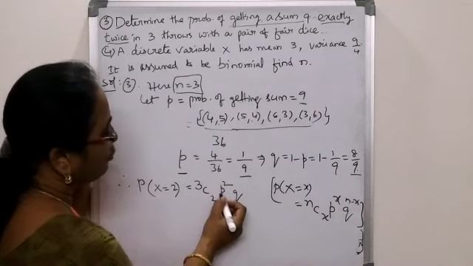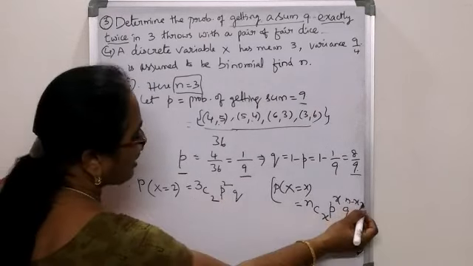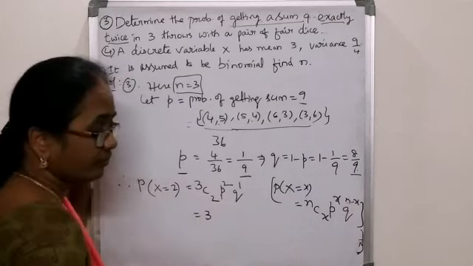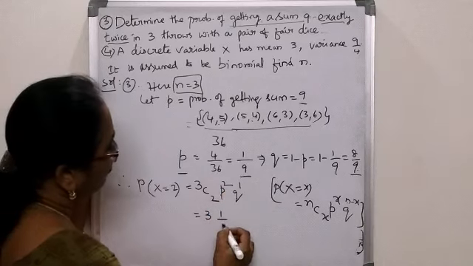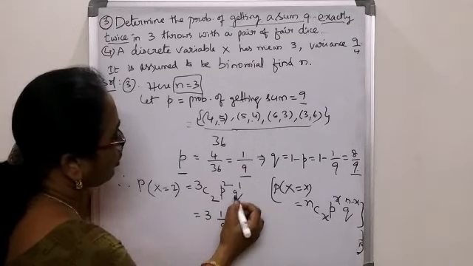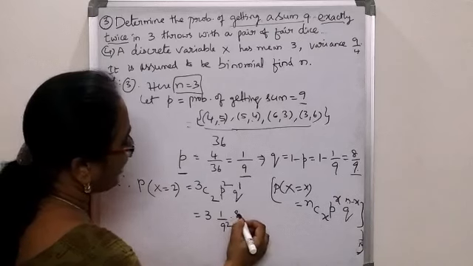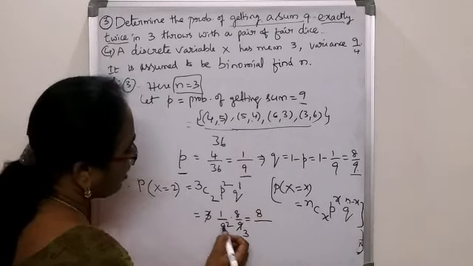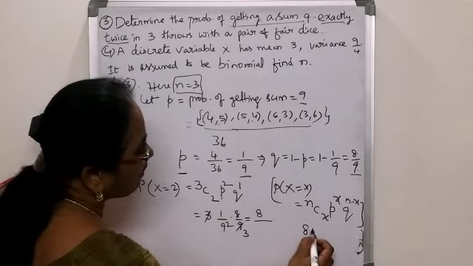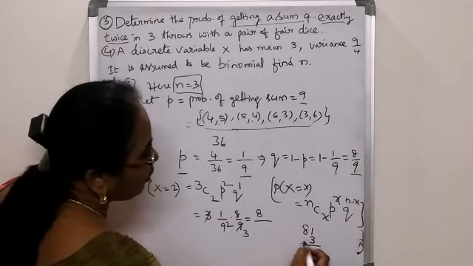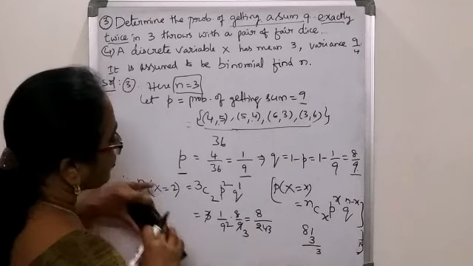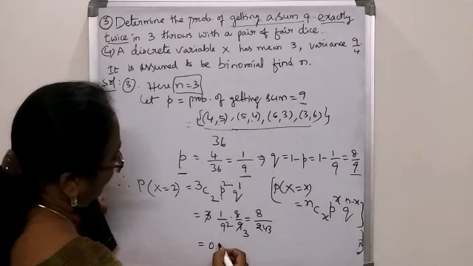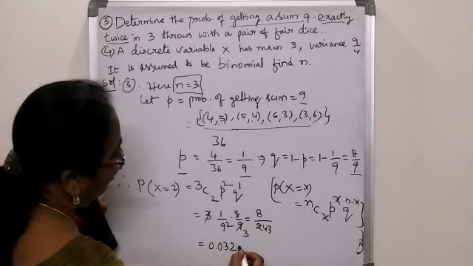So we have 3C2 p square q power n minus x, 3 minus 2 it is 1. So 3C2 is equal to 3. P power 2 means 1 by 9 power 2, into q power 1, which is 8 by 9. So 3 into 8 is 24 over 81 into 9, which is 729; simplifying, we have got 8 by 243, which gives us the value 0.0329.